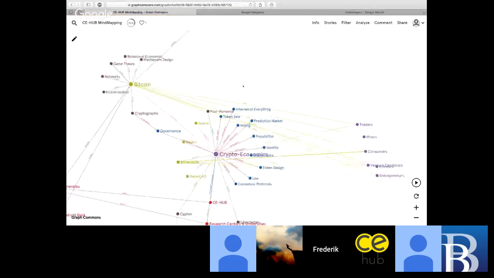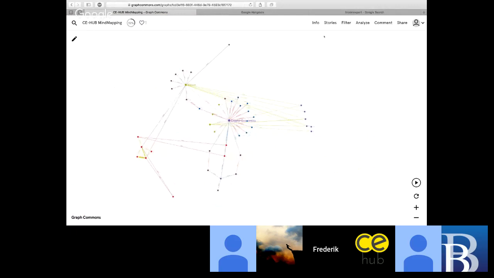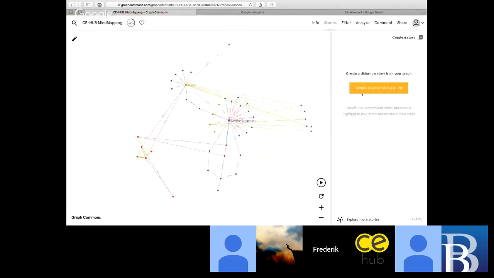For our work of grouping the information, I think it might give us interesting insights. And at a later stage, we can create what they call stories, which is essentially a movement from this part to this part to this part, and that can engage newcomers to what is cryptoeconomics in a more guided way.